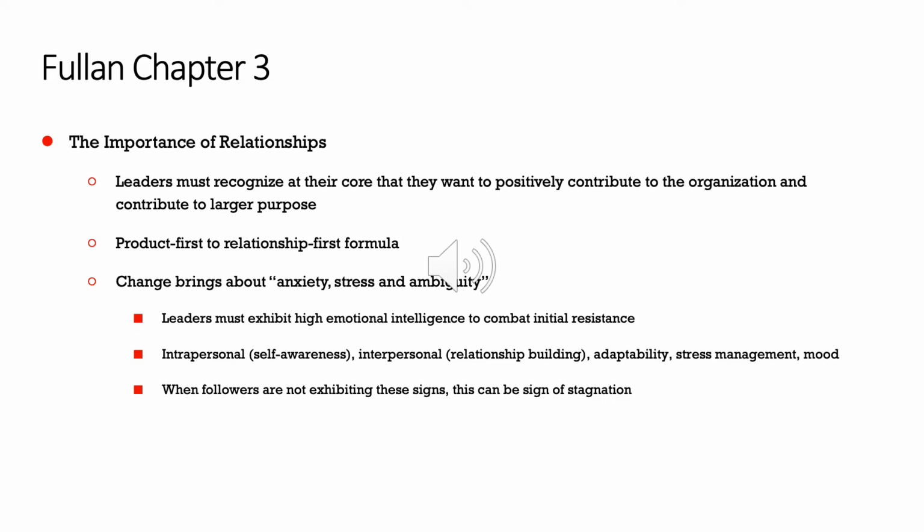And I think, generally, knowing that change brings about ambiguity, stress, and anxiety, leaders must exhibit high emotional intelligence to combat any resistance that is going to happen. Another general idea is that if followers aren't exhibiting signs of resistance, then it's probably a good indicator that there's stagnation happening, and almost looking out for those things is a sign that things are going well.